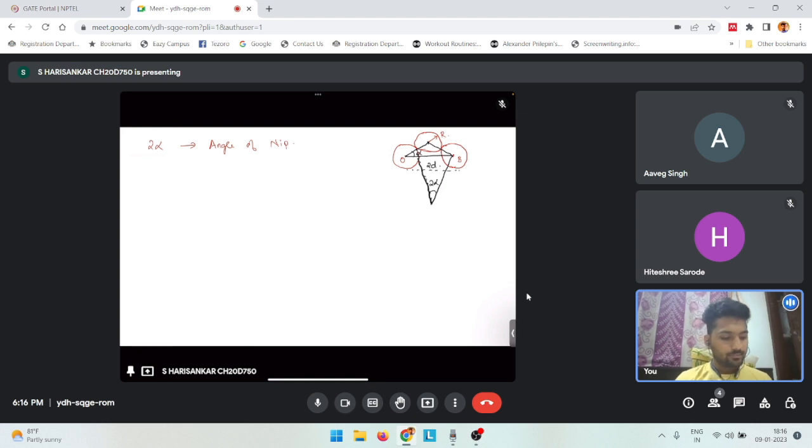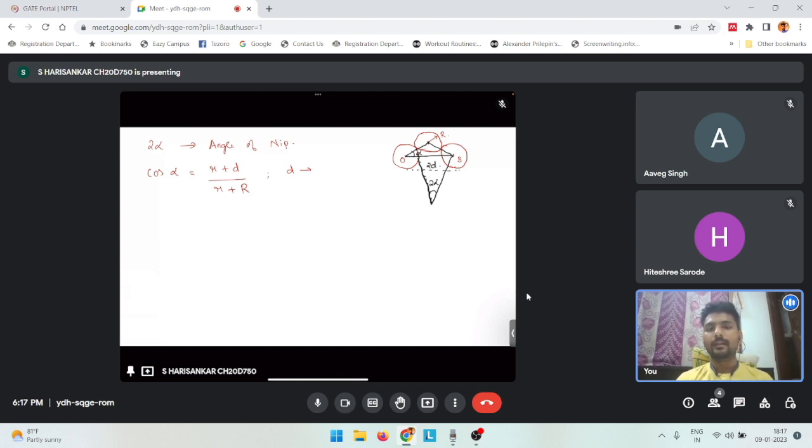To find this angle of nip, you can have a relation like this: cos alpha is equal to (r plus d) by (R plus r), where 2D is the distance between the centers of these two rollers.